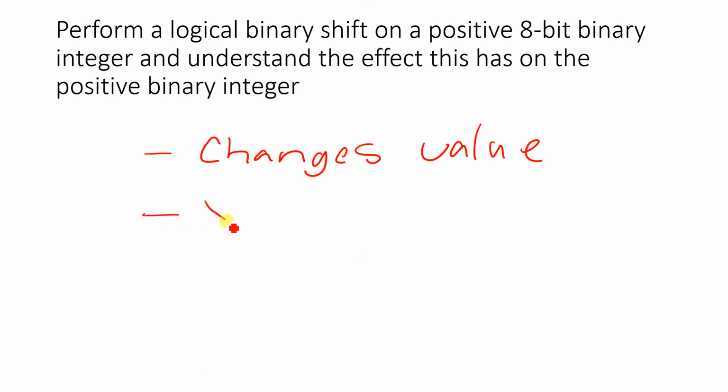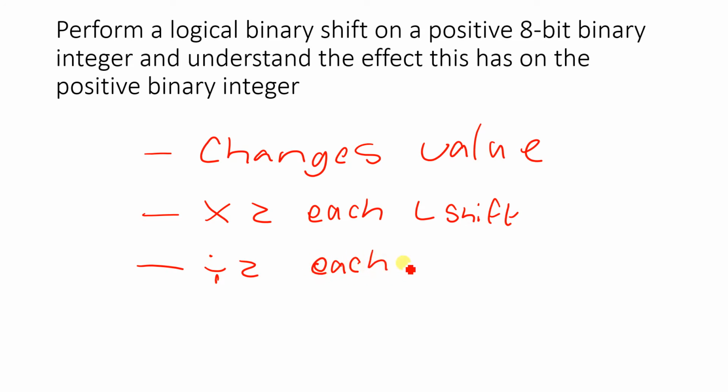It multiplies by 2 on each left shift, and it divides by 2 on each right shift. Remember, it's always best just to rewrite it, and remember, all of the bits move, not just the ones, all of them.